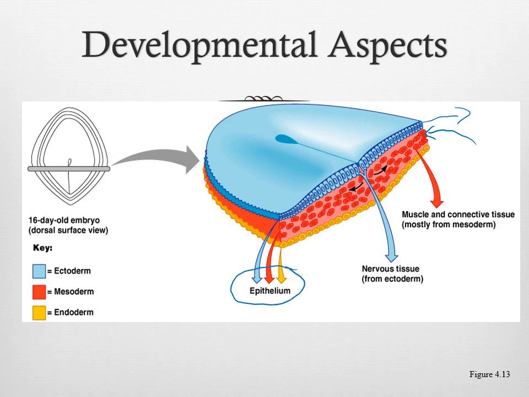Because epithelium is so diverse in terms of the types that we have, there are many different kinds of developmental aspects for them, and they really come from all three different layers. And so we'll see them in each of the three layers themselves, and whether it came from ectoderm, mesoderm, or endoderm dictates the fate of those particular types of cells.